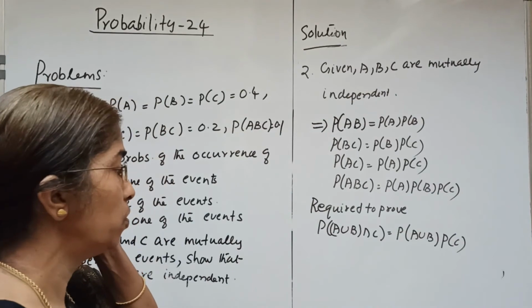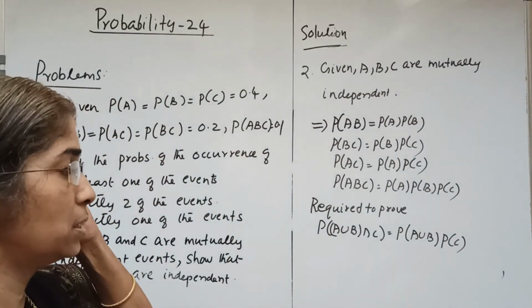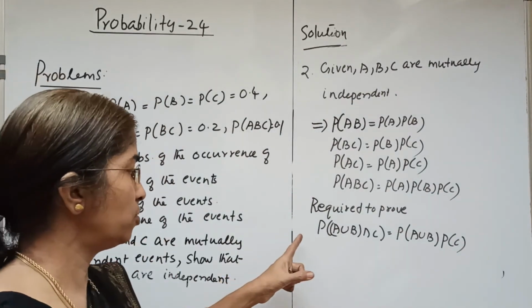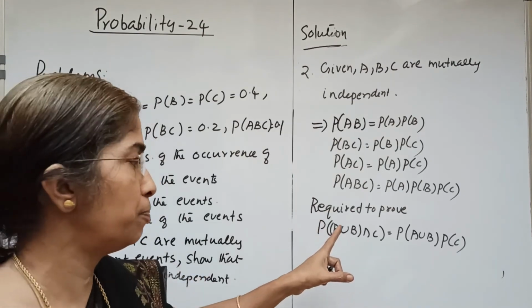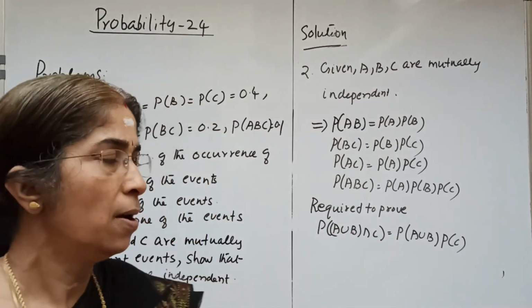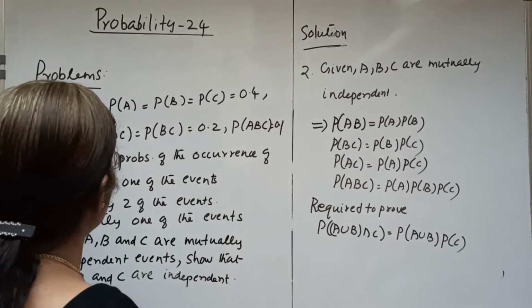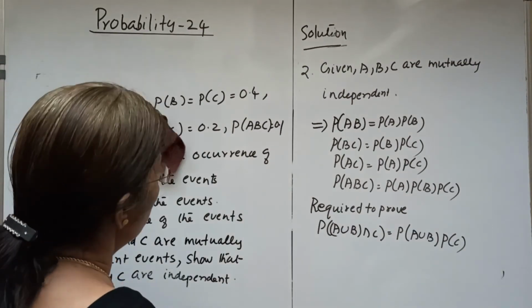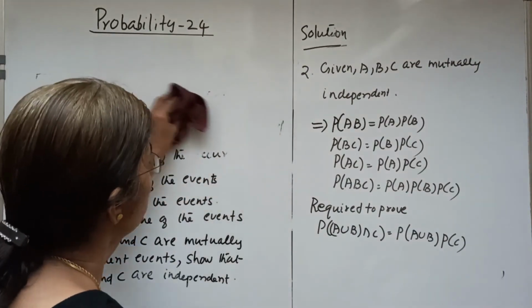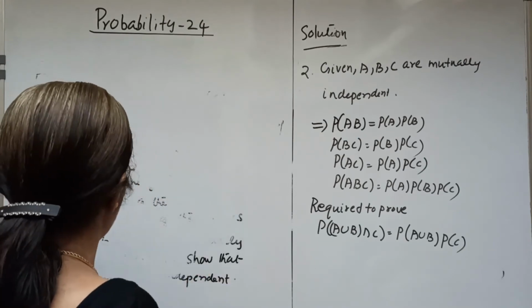In order to prove A union B and C independent, we have to prove P of A union B intersection C equal to P of A union B into P of C. Now we start with P of A union B intersection C.